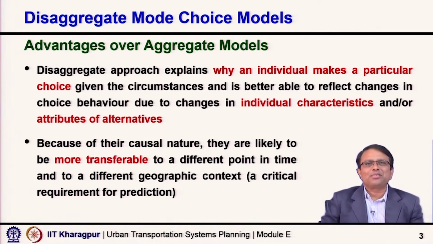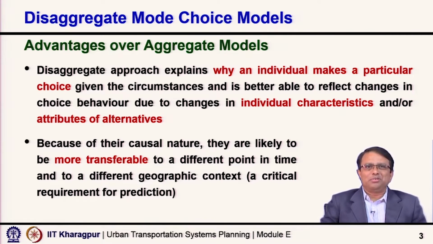Now, let us consider, because we just discussed the limitations of the aggregate mode choice model in our first lecture on mode choice analysis, in contrast to aggregate models, what are then the advantages of disaggregate models over aggregate models? First, disaggregate models explain why an individual makes a particular choice.